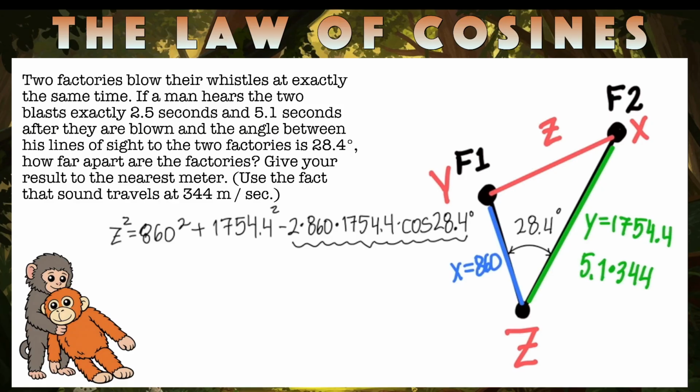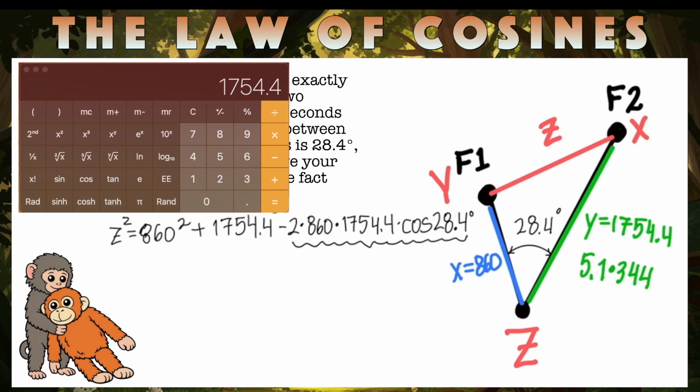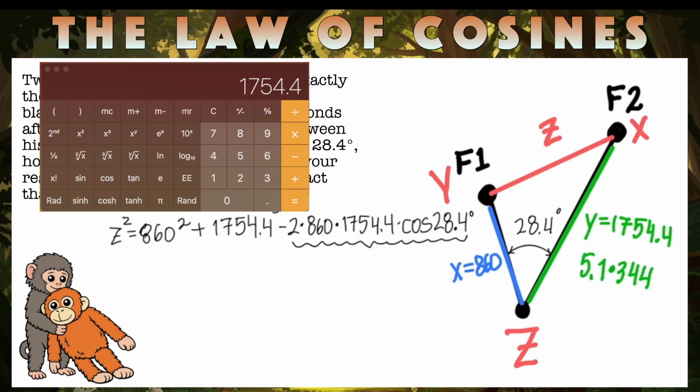So let's pull up the calculator. Made it a little smaller. So let's type that all in, and let's use the keyboard instead. Can I use the calculator to do squared though?